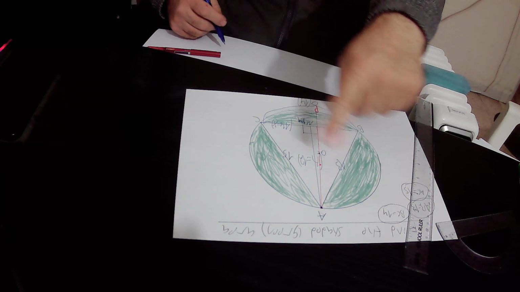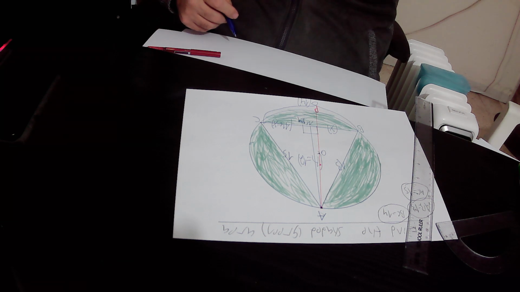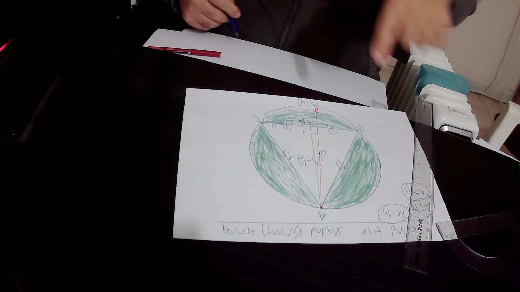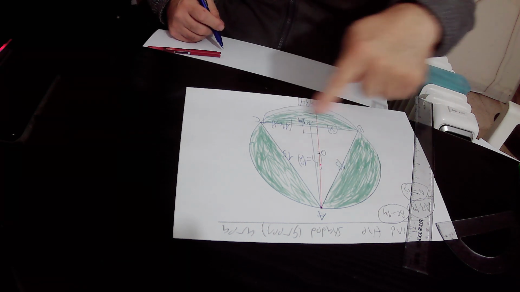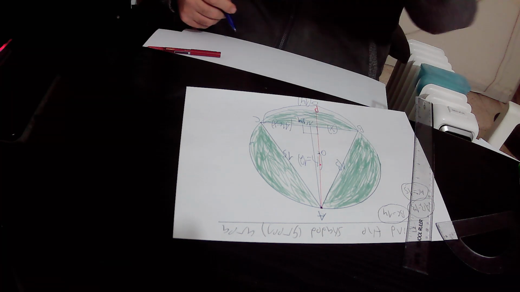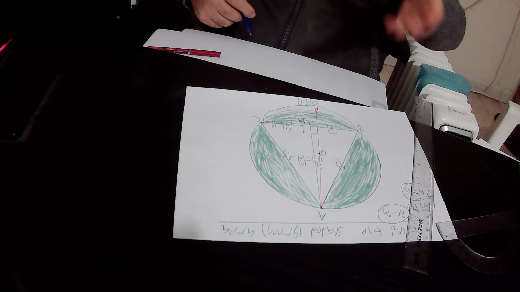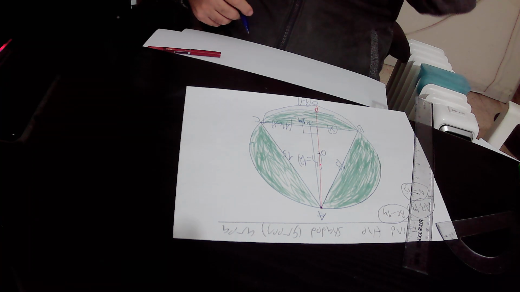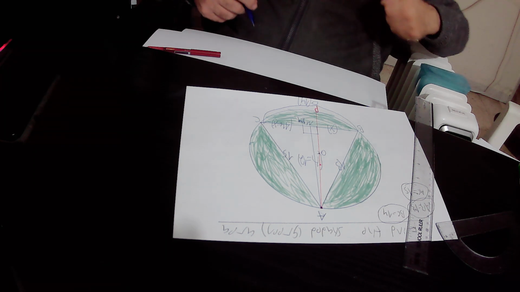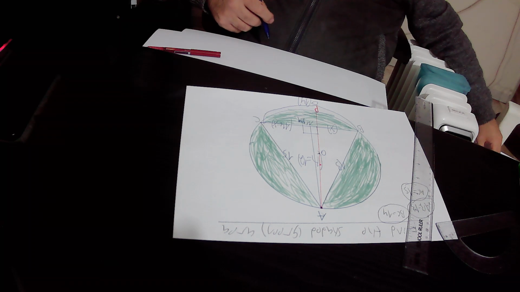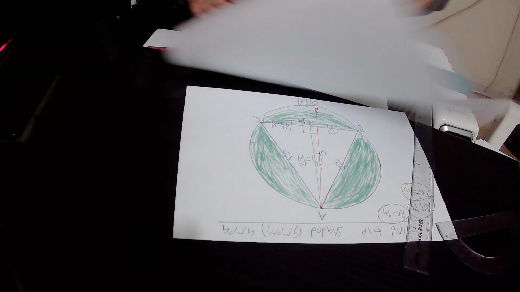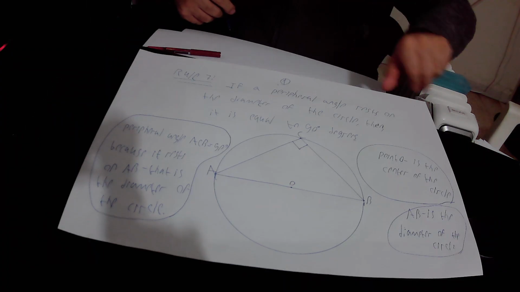This peripheral angle ACP rests on AP, that is the diameter of the circle. And we have a rule that says that any peripheral angle that rests on the diameter of the circle must be equal to 90 degrees. It is actually rule number 7.